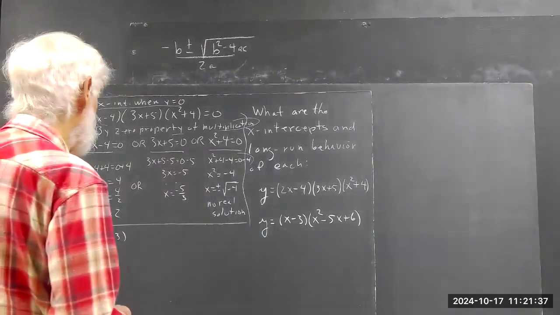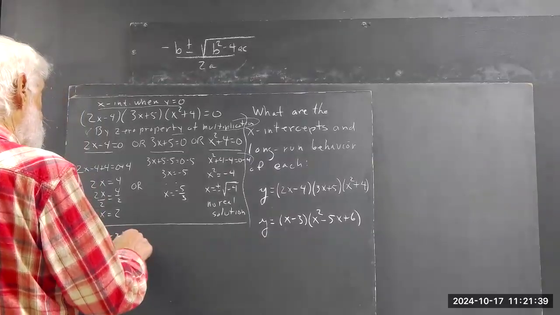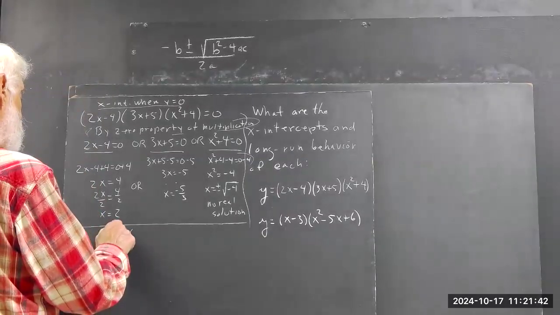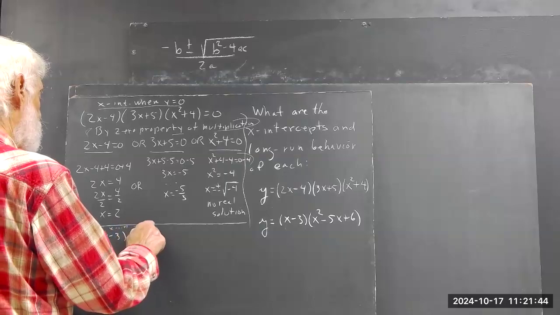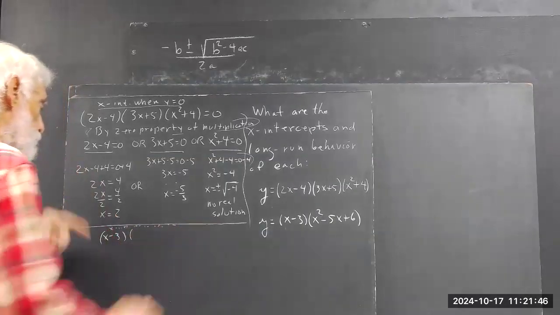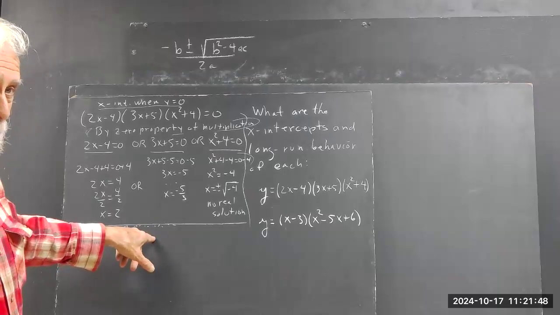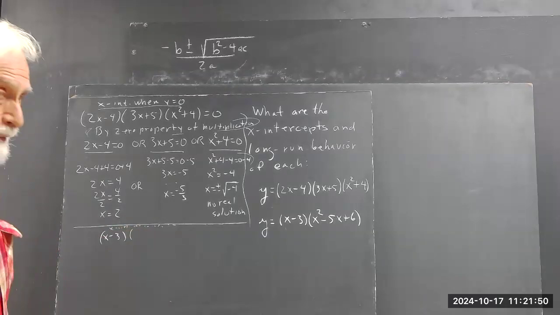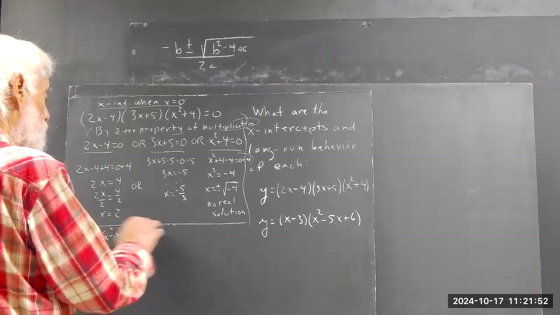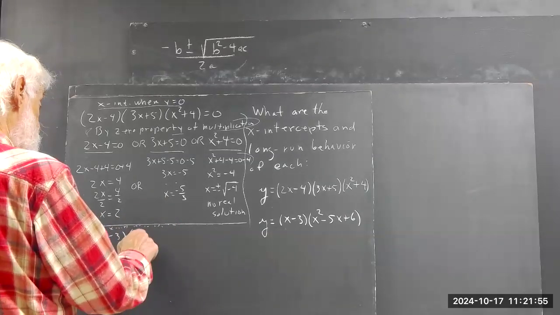Okay, so anyhow, we have x minus 3. And yeah, we should write this out: x-intercept when y equals 0. There, I wrote it out. You can't prove that I didn't. But yeah, I really didn't. That just indicates you ought to write that out.